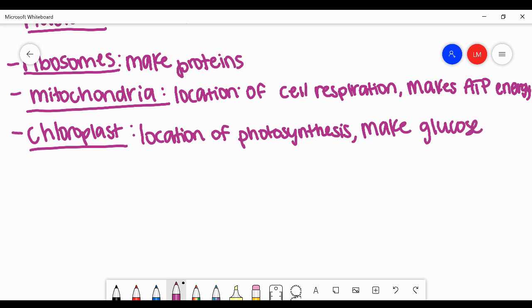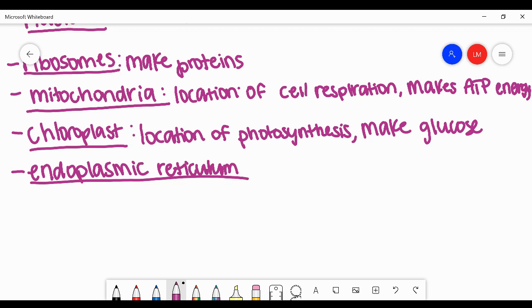Some cells will have endoplasmic reticulum. There are two types of endoplasmic reticulum. One is called the rough ER. ER stands for endoplasmic reticulum.